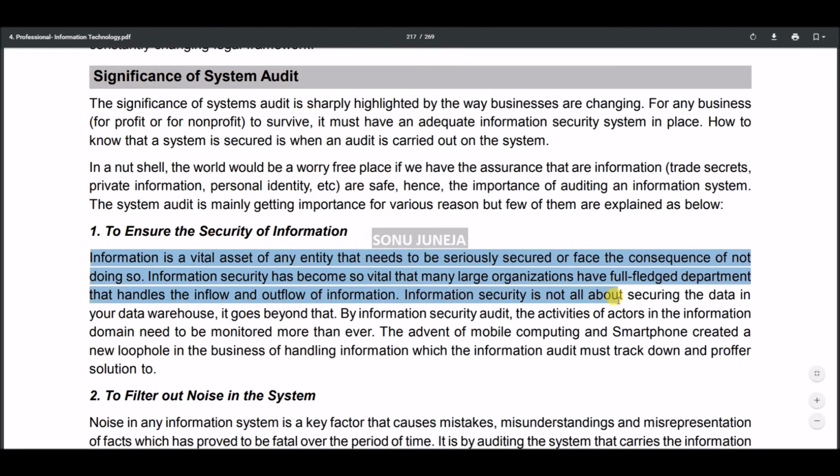Information security is not about securing data in your warehouse. It goes just beyond that. By information security audit, the activities of actors in the information domain need to be monitored more than ever. The advent of mobile computing, smartphone created a new loophole in the business for handling information, which information audit must track down and proffer solution to.